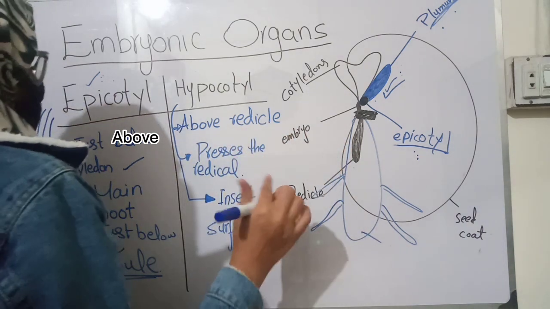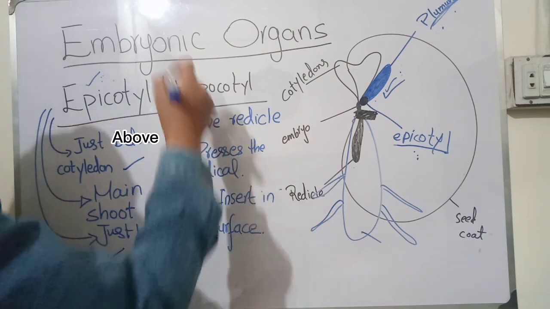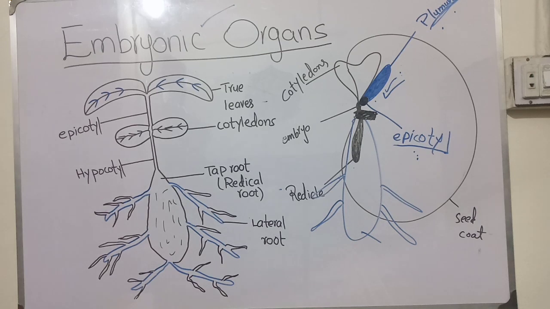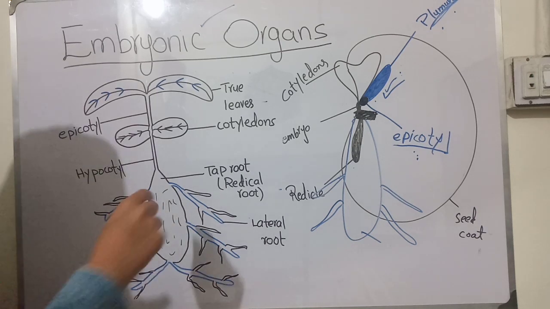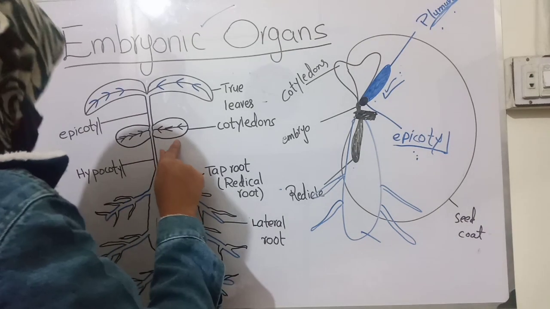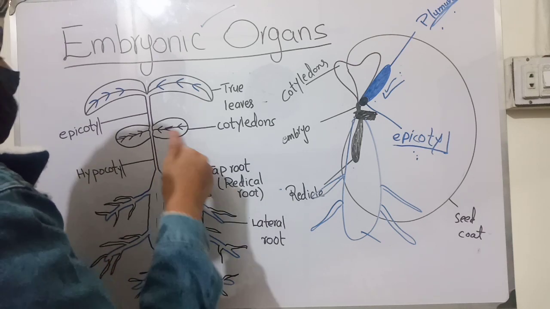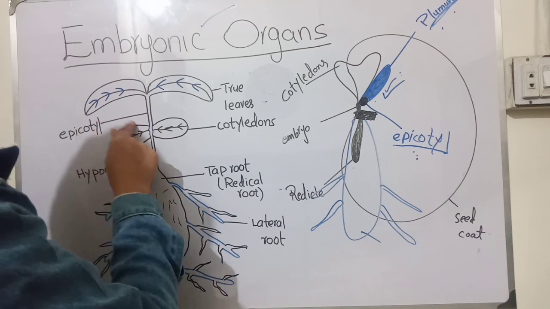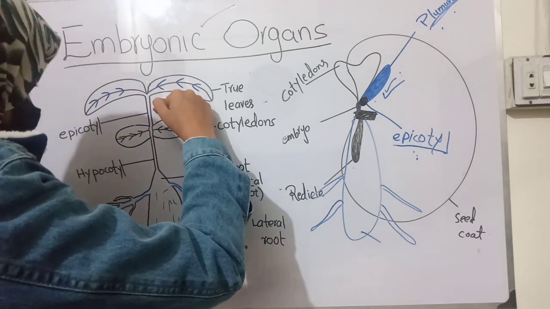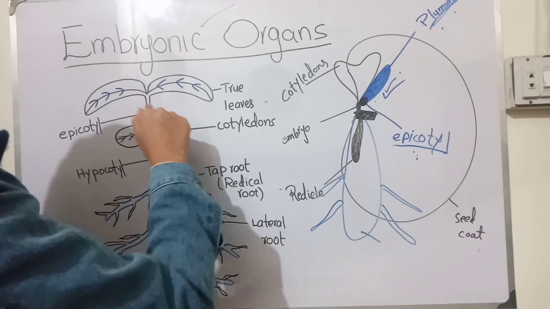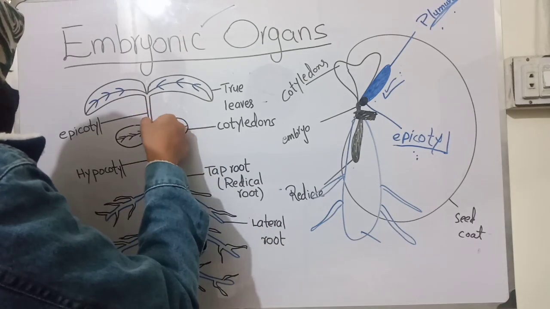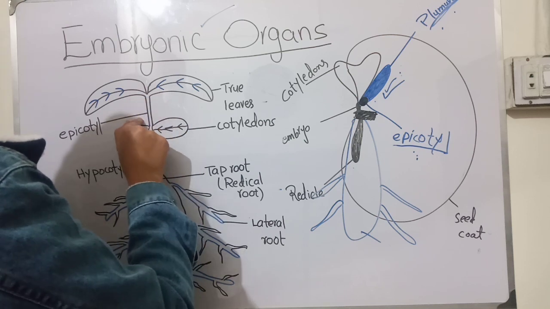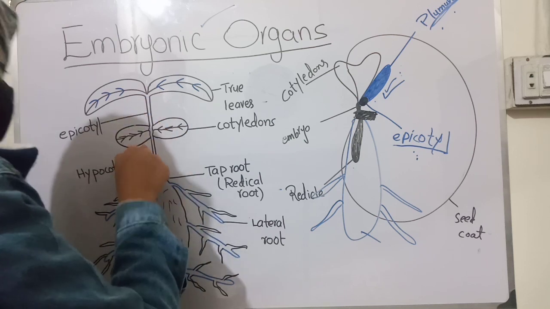So here we have discussed all the terms of the embryonic organs in plants. This is the cotyledon, which emerges from the embryo. Epicotyl also emerges from the embryo, but it is above the cotyledon. Here is the plumule portion, here is the epicotyl, here is the cotyledon.